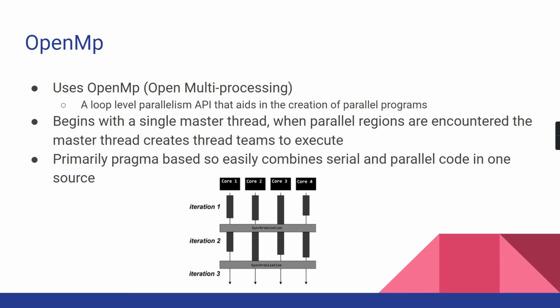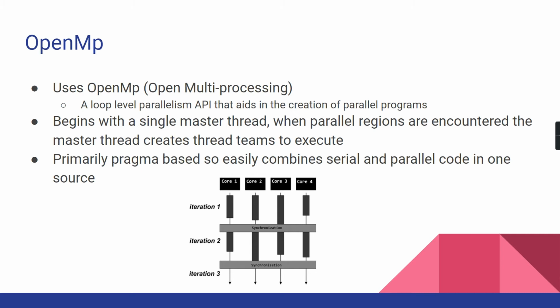It uses OpenMP, which is Open Multi-Processing, and that's a loop-level parallelism API that's available on C, C++, and Fortran, and it identifies regions that are able to be parallelized and then executes them in parallel.